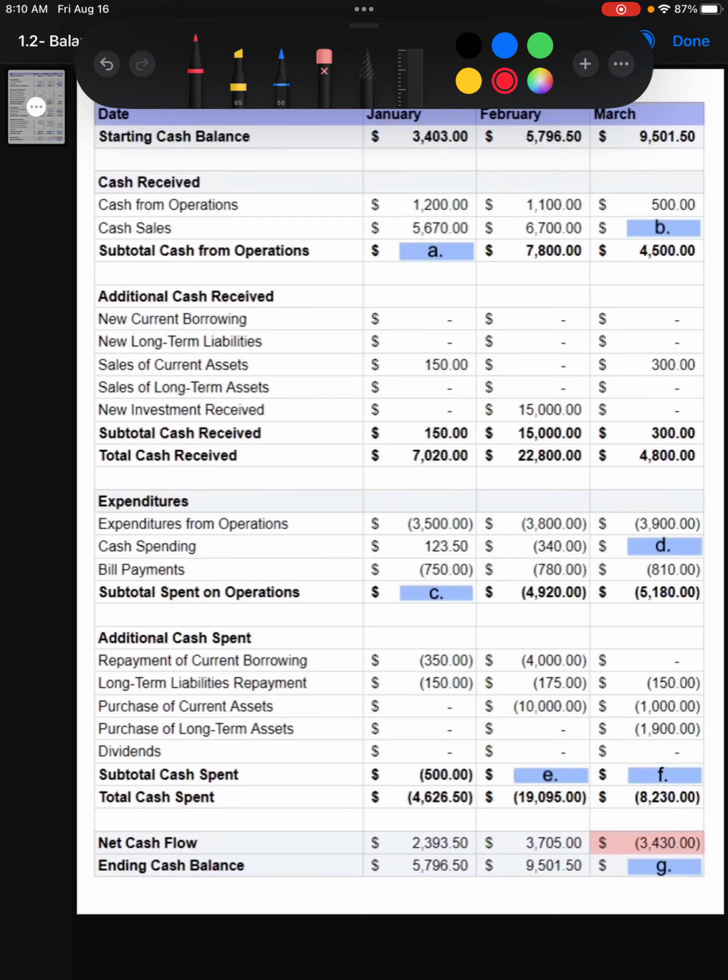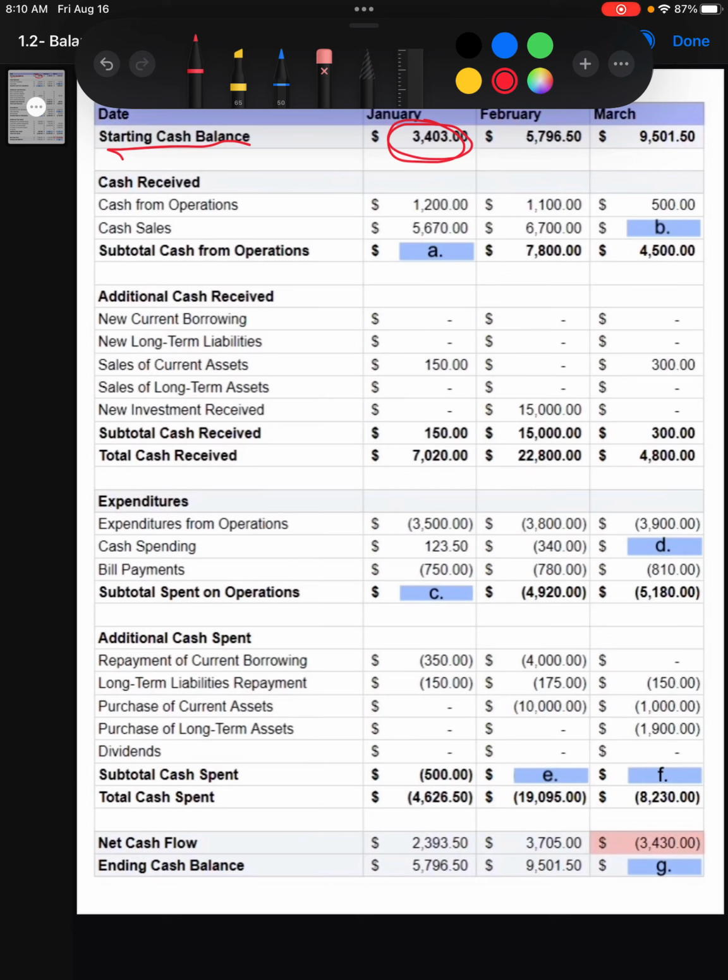When you are trying to make sense of this, you might begin with January. This is the amount of money you have at the beginning of the month, the starting cash balance. You have $3,403. In general, for balance sheets, you keep track of both inflow, or cash received, and also expenses or expenditures.